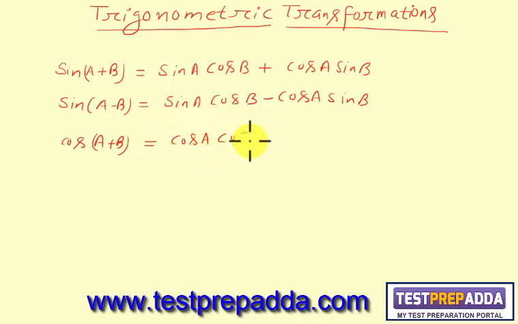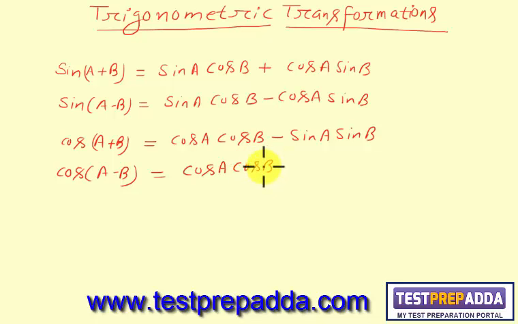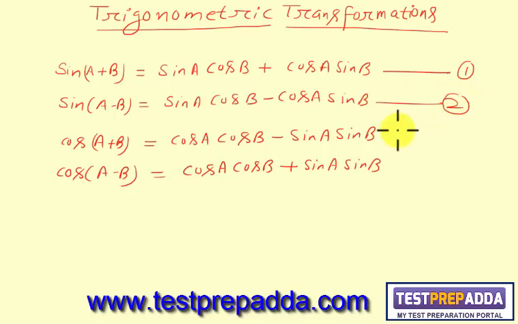Cos A cos B minus sin A sin B. We also discussed cos A minus B, that is cos A cos B plus sin A sin B. These four important results we discussed in that session. Okay, now if I write this as 1, this as 2, this as 3, this as 4.